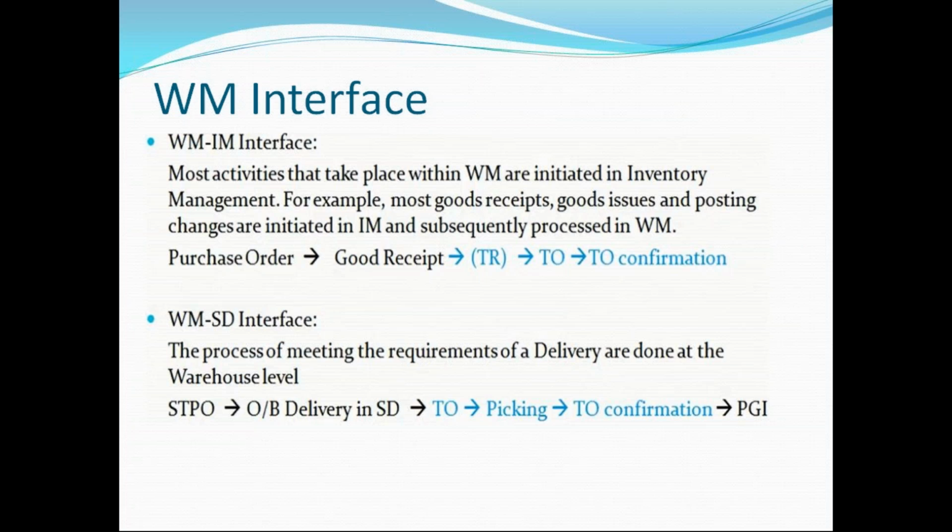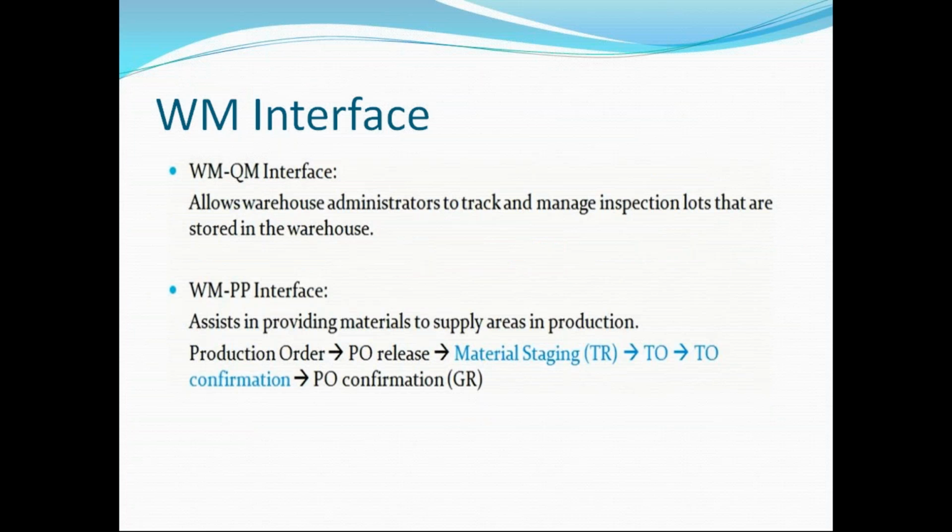Then the TO will be created, and as per the TO, the picking will be performed. Then TO confirmation is done so that the WM posting is confirmed. Then we do the post goods issue. So in this cycle, the WM posting happens first, then the IM posting.